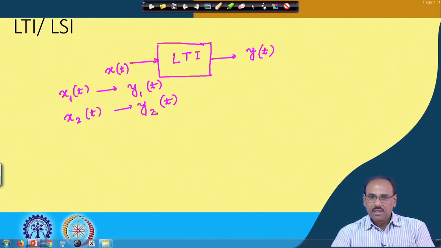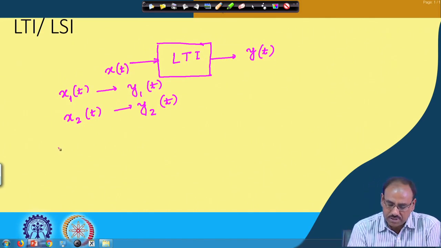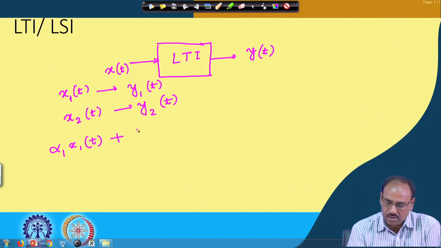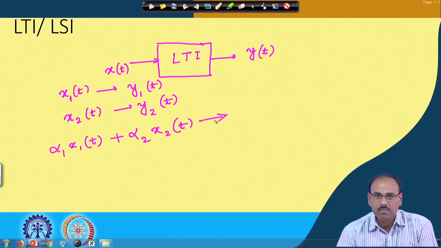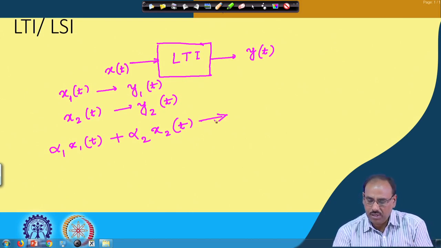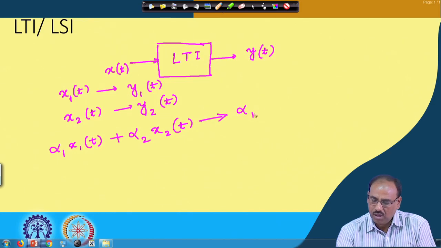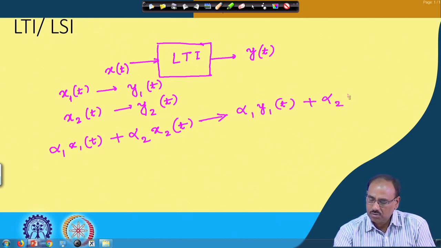Then if the system is linear, it must satisfy a property that given an input alpha1 x1(t) plus alpha2 x2(t), the response of the system must be alpha1 y1(t) plus alpha2 y2(t).